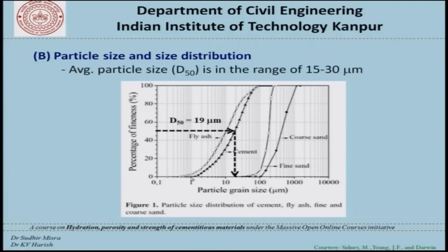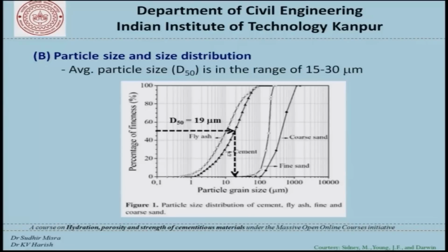So, in the figure there are 4 different particle size materials shown. One is the coarse sand, the other one is the fine sand, the other one is the cement, and the other one is supplementary cementing materials like fly ash. The purpose of this figure is to get a comparative idea about the particle size of cement with regard to other materials.